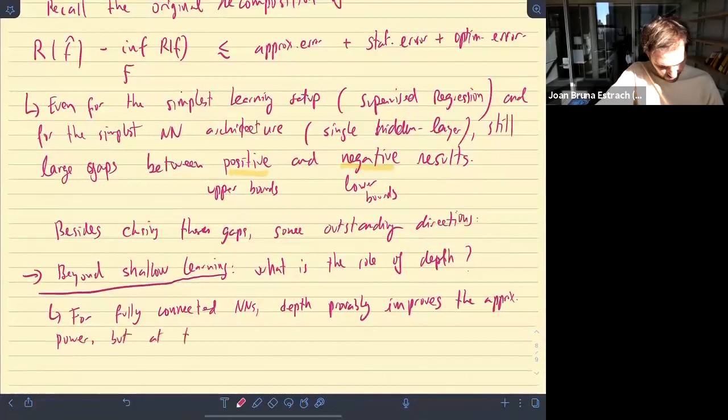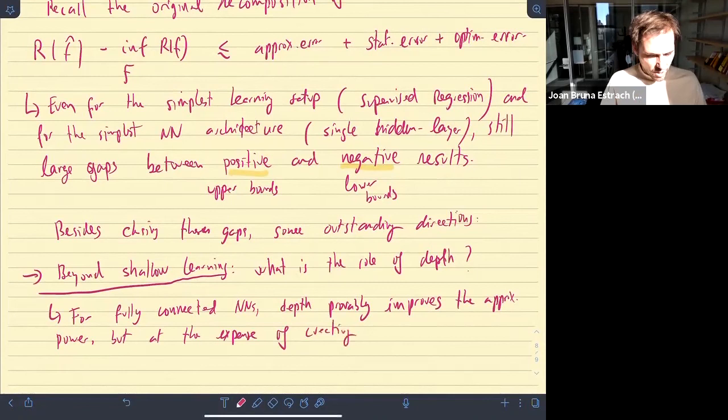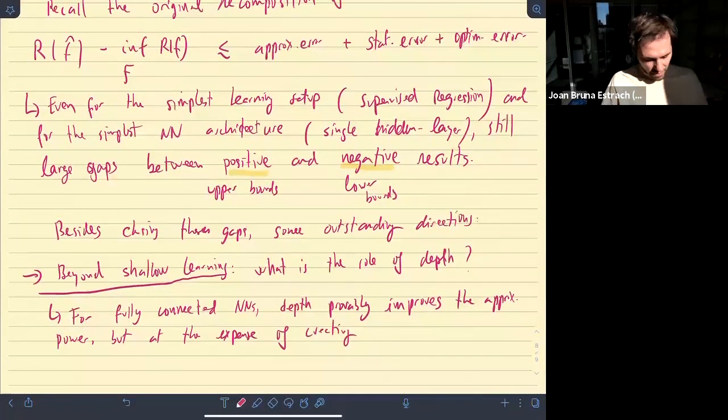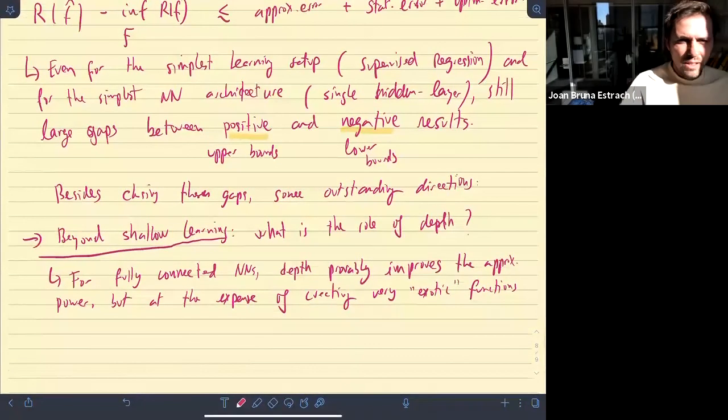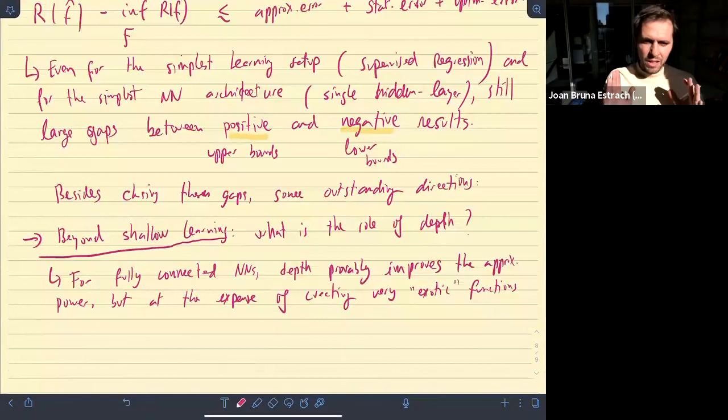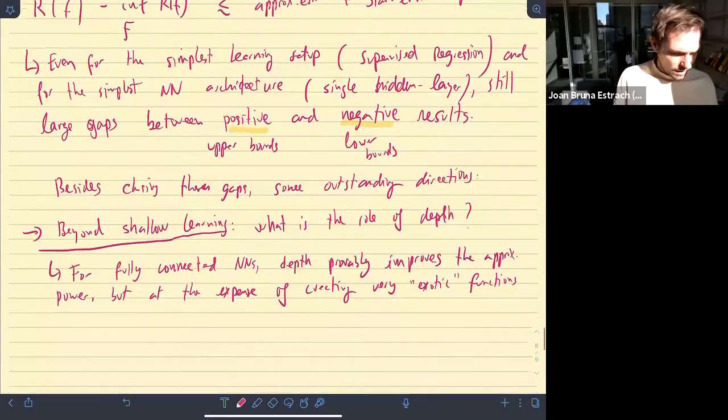There's the expense of creating very exotic or very degenerate functions. So in other words, we demonstrate that depth is important, but we only demonstrate it for a very, very restricted class of problems that are beyond any kind of practical usability, right?